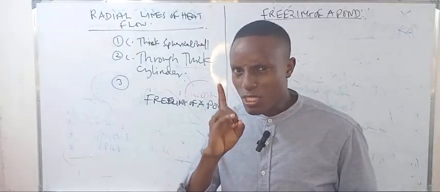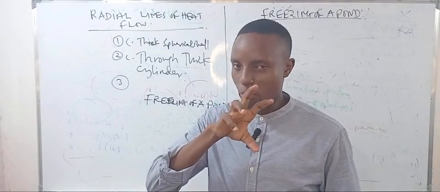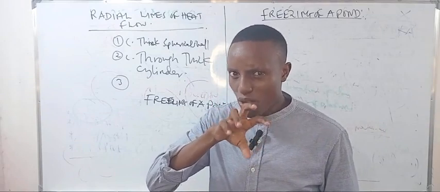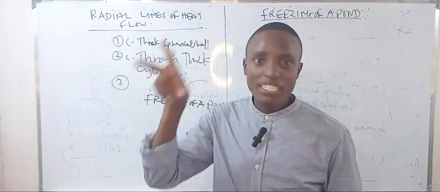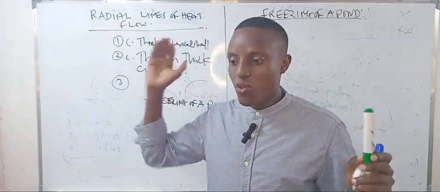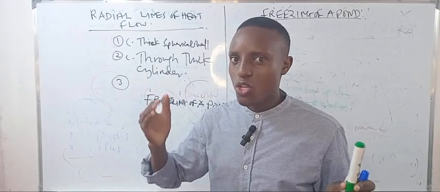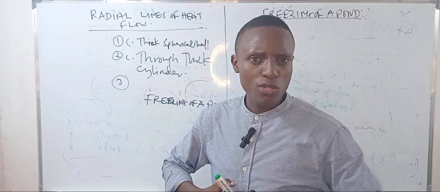The anomalous expansion of water is a property displayed by water only, which deviates from the normal properties. The normal property of anything is that when you heat it, it expands because you're increasing the kinetic energy of particles.